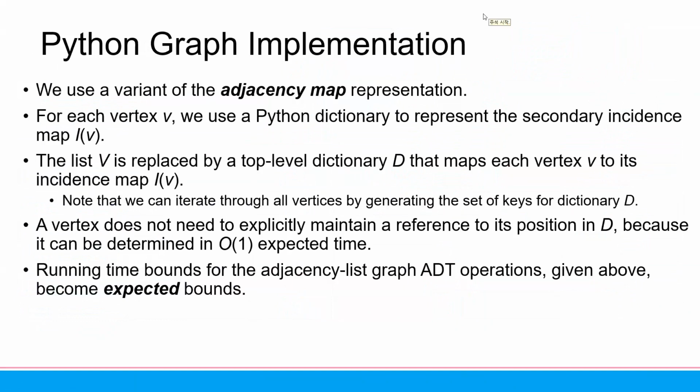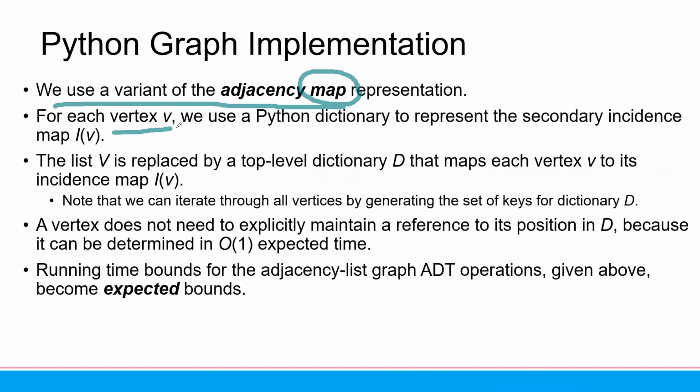There is a Python graph implementation, and there is a variant using an adjacency map. That's one reason why I explained map last section. We learned about map, and there is a way to implement a graph using a map or dictionary.